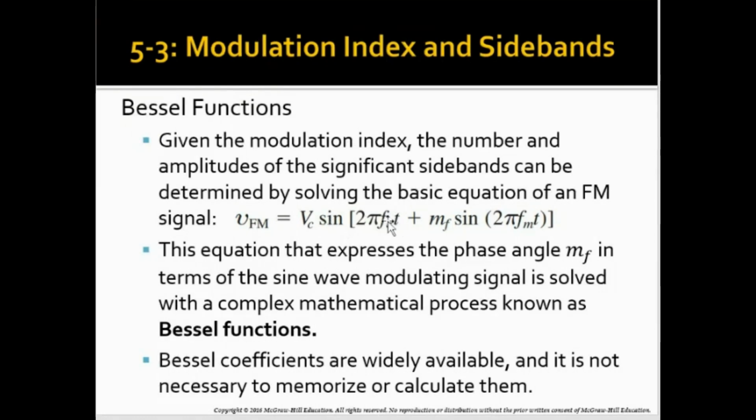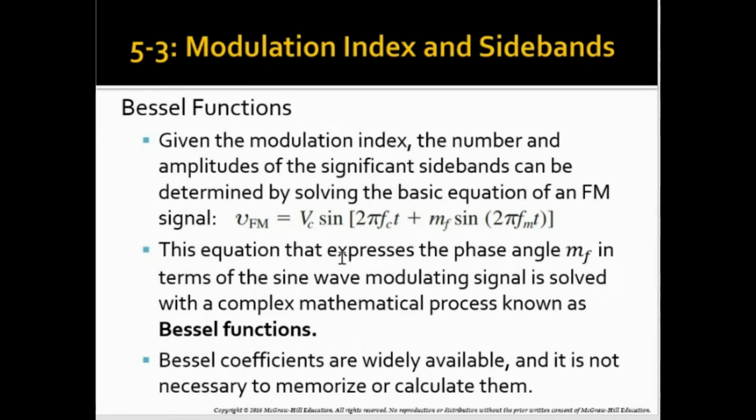So the frequency changes with MF sine 2 pi FMT. Here we are assuming our modulating signal is a sine wave, and it could be something else. So in general, when the amplitude of your modulating signal changes, the frequency of your carrier will be changed.